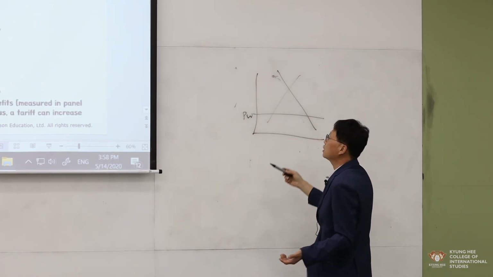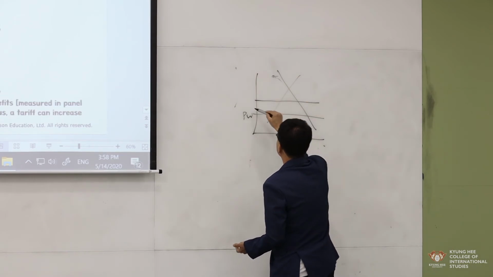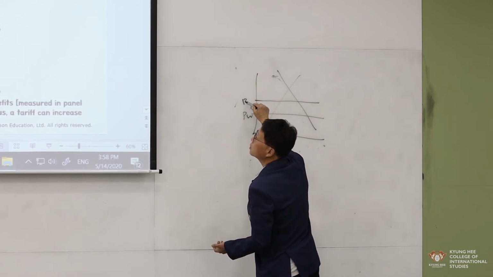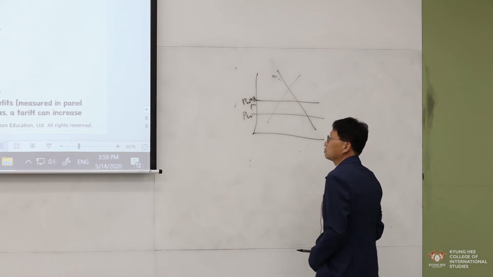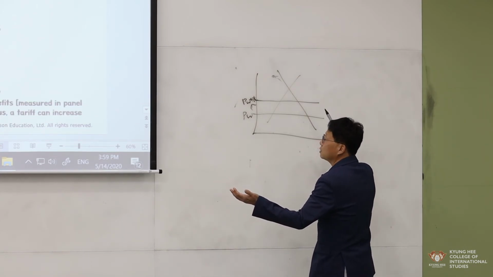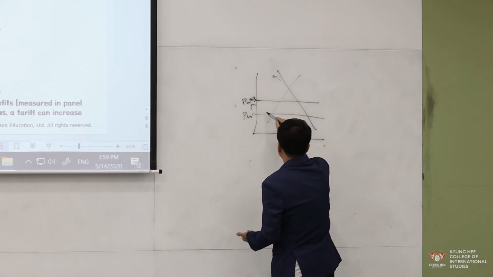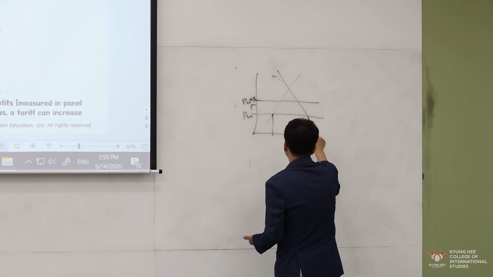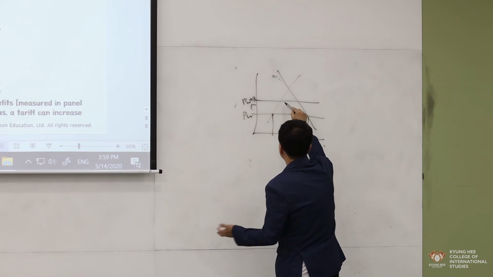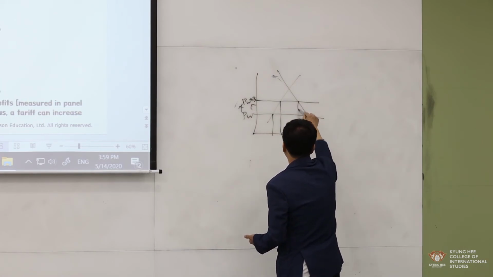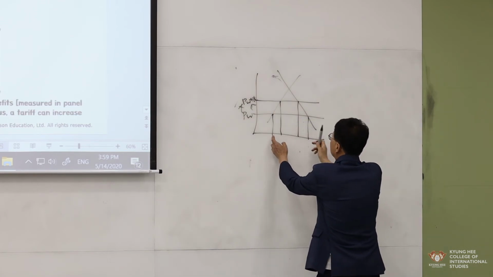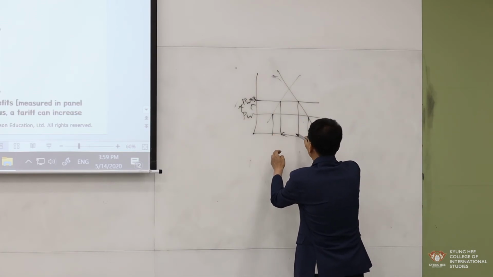After imposition of tariff, domestic price goes up to PW plus tariff when the imposing country is small country. Then we already studied that, right? Free trade. After imposition of tariff, domestic price goes up, right? And importation from world decreases from here to here.